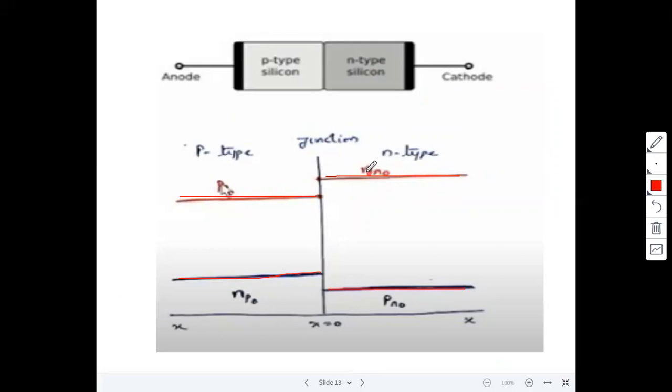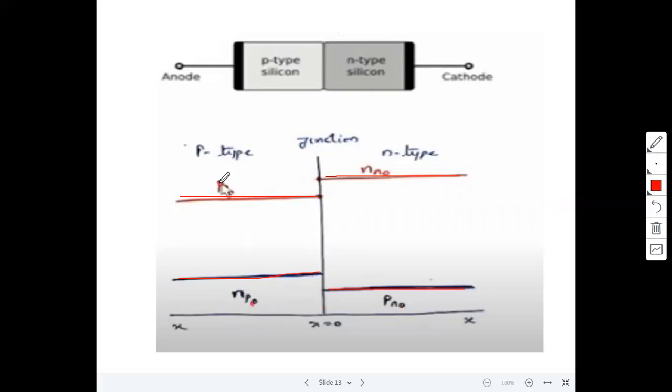Why is the electron concentration high compared to the hole concentration here? Because the doping level of n-type is greater than the doping level of p-type. Now here p naught means hole concentration in n-type material at equilibrium condition.